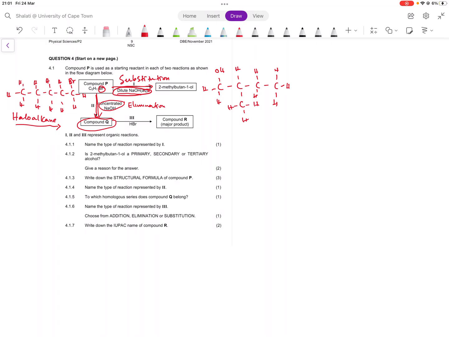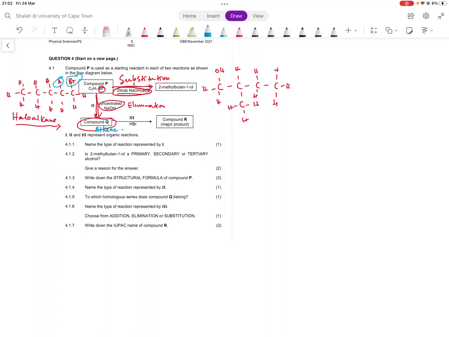You see why I'm saying this is the challenging part. So compound Q, you are eliminating something. You already know what you're going to be eliminating, because from compound P, you remove a bromine and a hydrogen. So your direction is dehydrohalogenation.